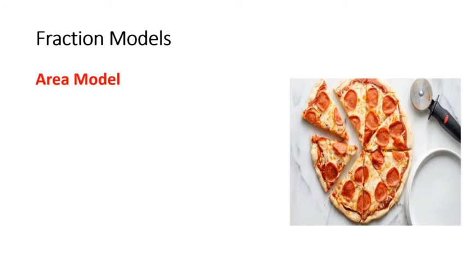Suppose this pizza was cut into 8 equal slices, and this pizza had an area of 8 square units. Then this means that each slice of pizza will be equivalent to 1/8 of the total area.